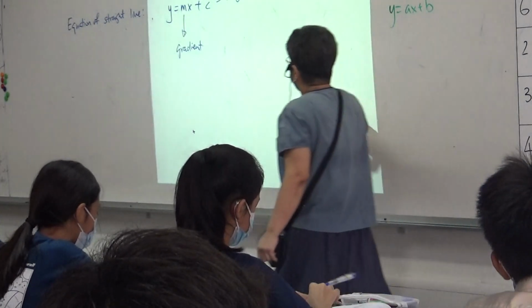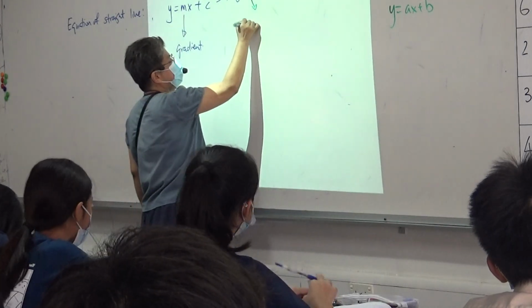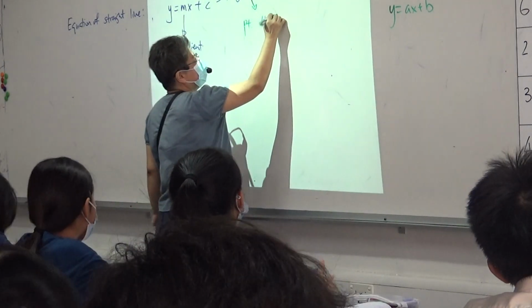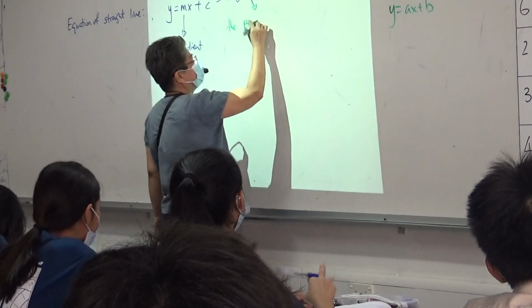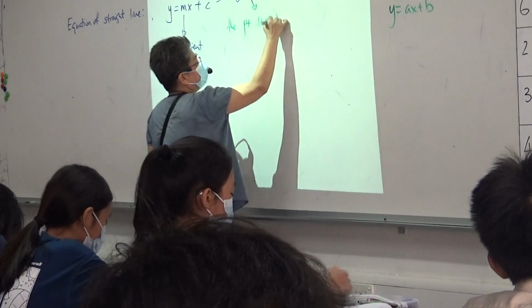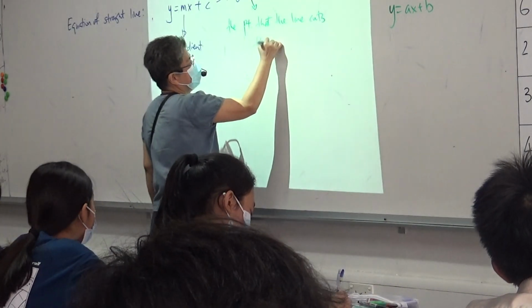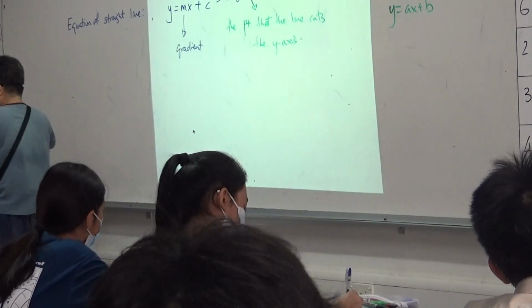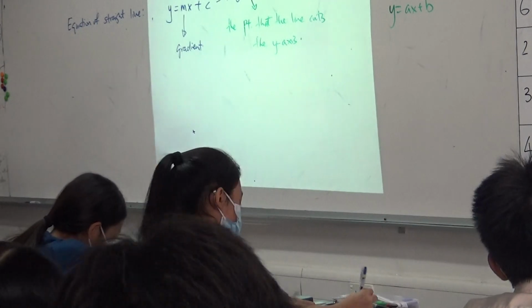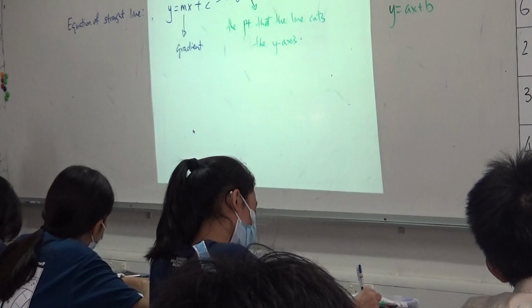Now, what do you mean by y-intercept? Y-intercept is the point the line cuts the y-axis. Can you write down? Y-intercept is the point the line cuts the y-axis.